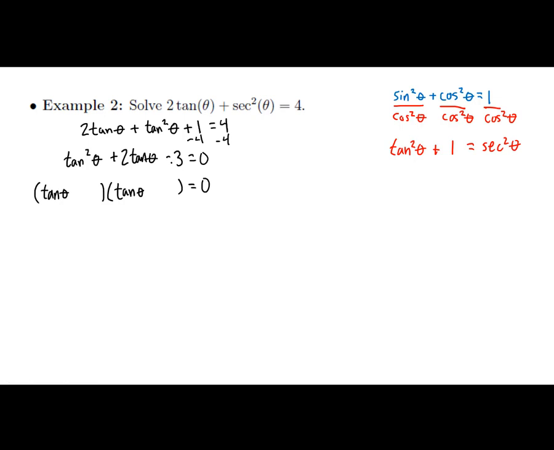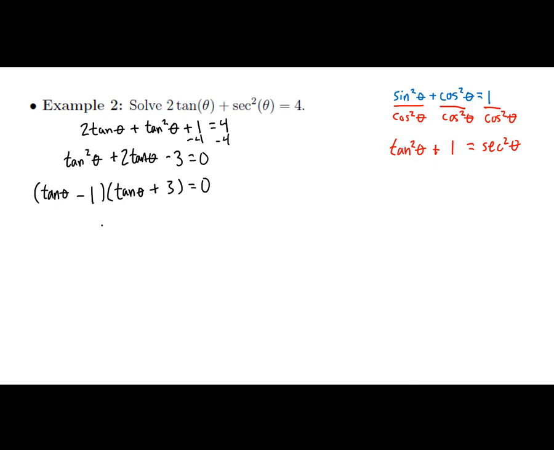But then my -3, okay, well, one of these has to be 3 and one has to be 1, and they have to be opposite signs. And because the middle term is positive, I would know to put the plus with the 3 and the minus with the 1. And in fact, that works out great. The outside is 3 times the tangent. The inside is -1 times the tangent, which would give me +2 times the tangent.